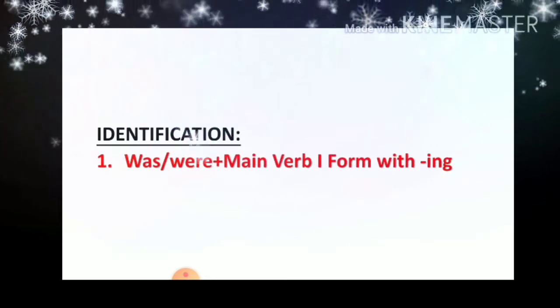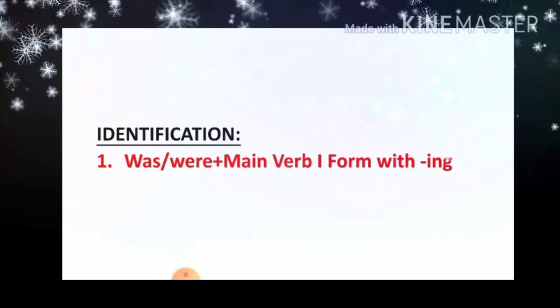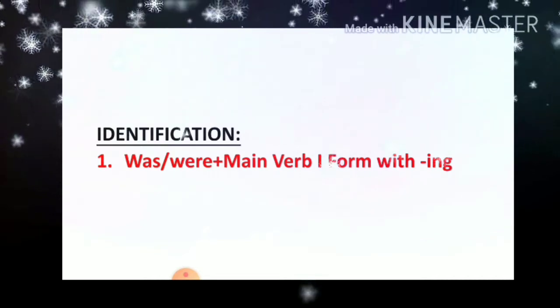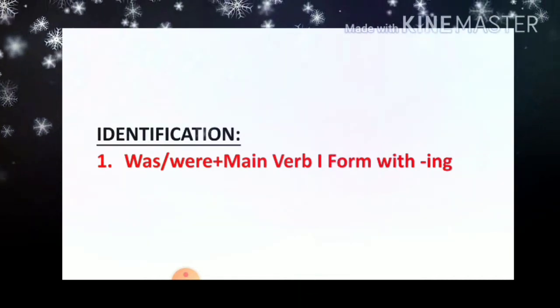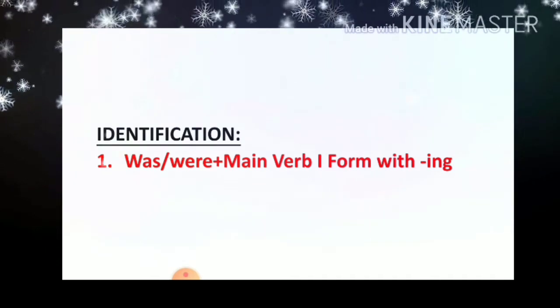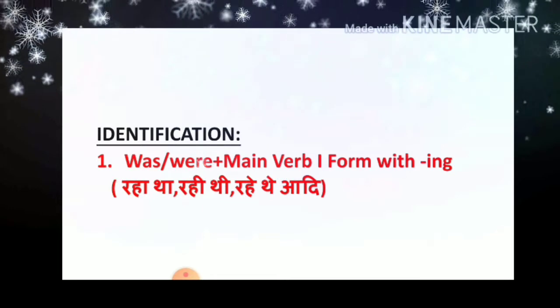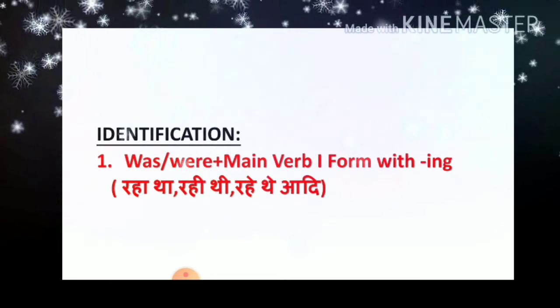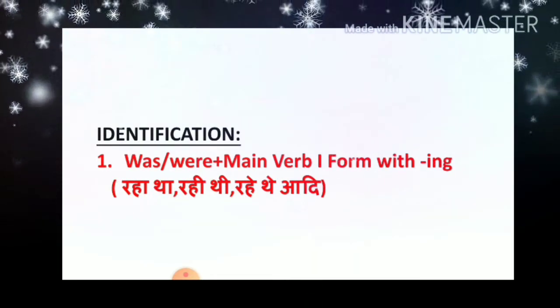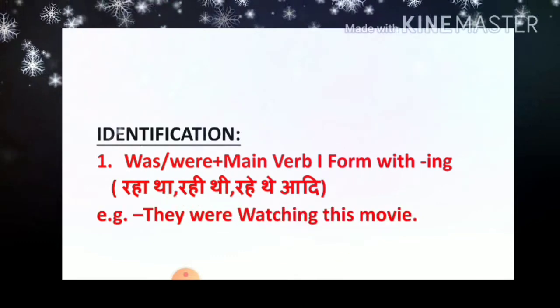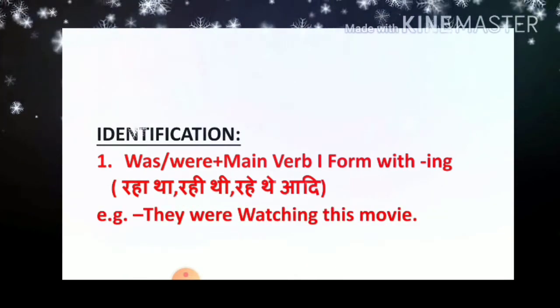As we know, the first topic of this tense is identification. Firstly, we have to identify the tense as given here: was or were as per the subject, along with the main verb in the ing form. That is the identification of this tense. And if we talk about Hindi, then the sentence terminates with raha tha, rahi thi, rahe the, etc. Now the example is here: they were watching this movie.